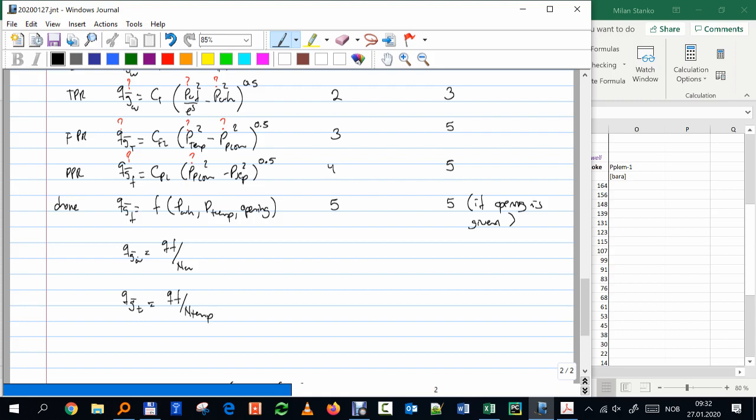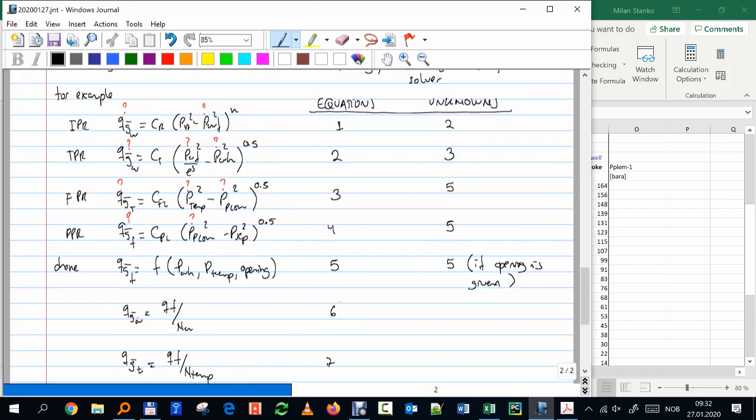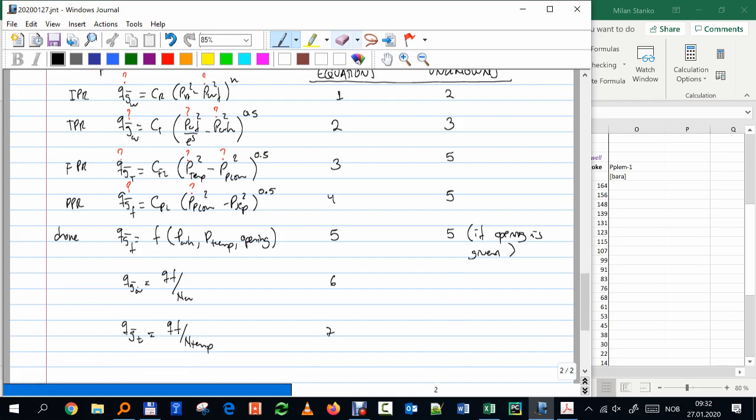Okay, and here you have 7 equations, and I have 2 more unknowns because they are the rate of the field and the rate of the template. So let's maybe do it again.